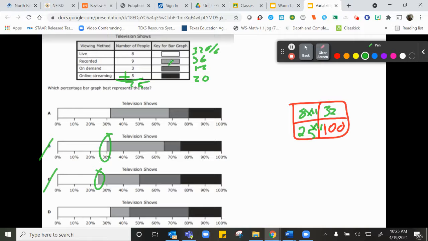Now the next bar is 36%. So that means when I look at the end of the gray, it should be somewhere closer to the 70%, because 32 plus 36 is going to take you that far down. So if I look, yeah, A looks kind of right. But if I look at D, this is really short for 36%. So that tells me that is not correct. So the only correct answer is A.